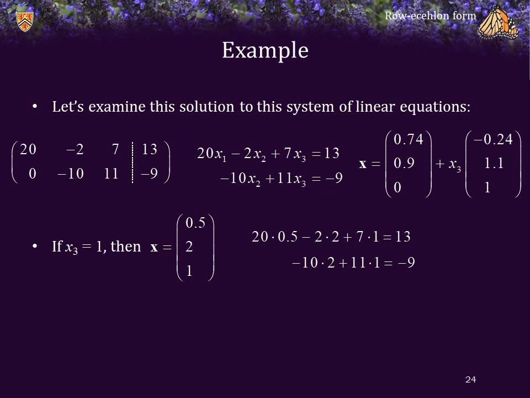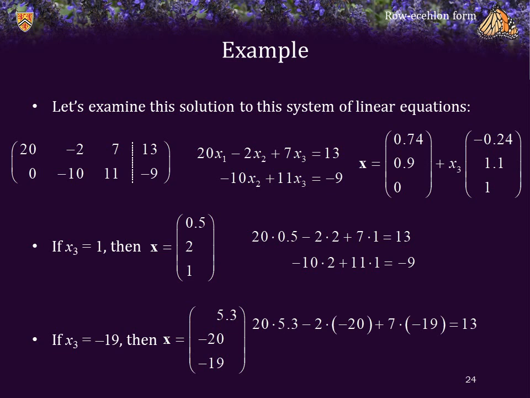But we can let x3 take on any value we want. So we could even let x3 take on a value like negative 19. If you substitute negative 19 into the solution vector for x3, you get that the solution is 5.3, negative 20, negative 19. Once again, let us substitute these values into the first linear equation.